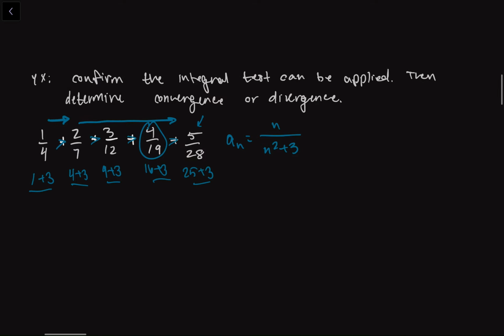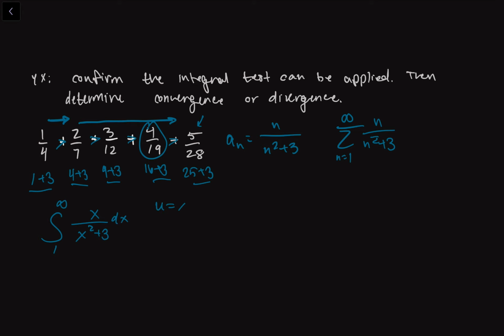So in order to determine the convergence or divergence of this series, what we can do is directly compare it to this integral, the integral from 1 to infinity of x over x squared plus 3 dx.